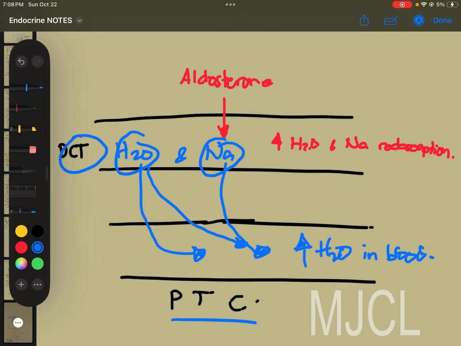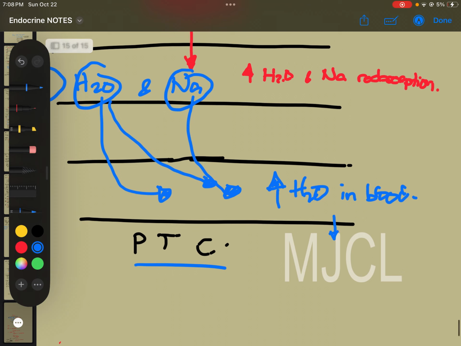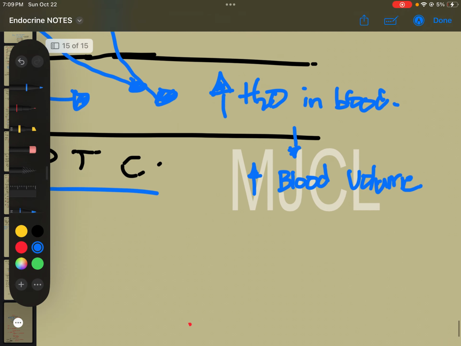If there is an increase in H2O in blood, there will also be an increase in blood volume. There, blood volume. And if there is an increase in blood volume, it is expected that there is also going to be an increase in blood pressure.